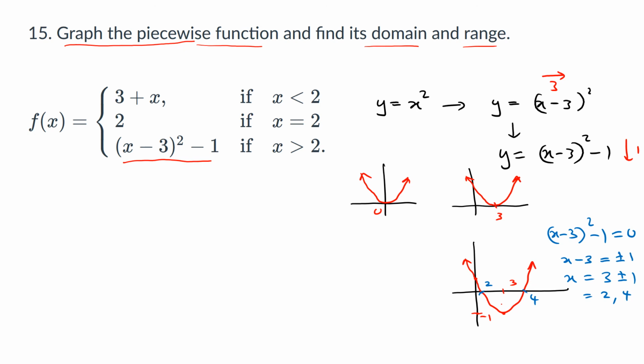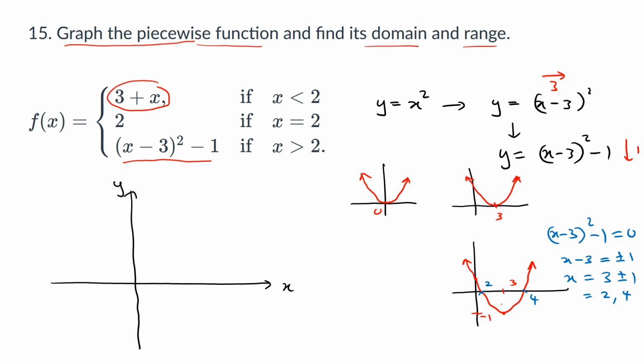Now we can actually graph the piecewise function. So we have a few pieces to fuse together. We have the x-axis and the y-axis, and the first piece we need is y equals 3 plus x, or x plus 3.